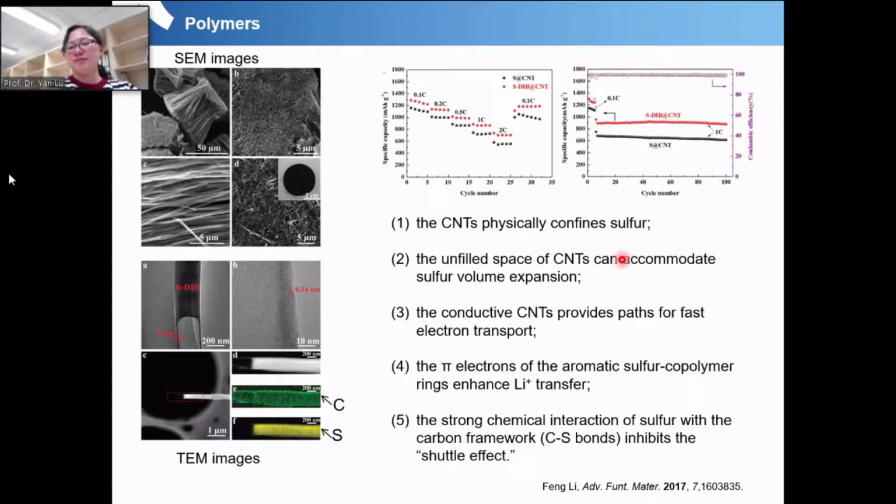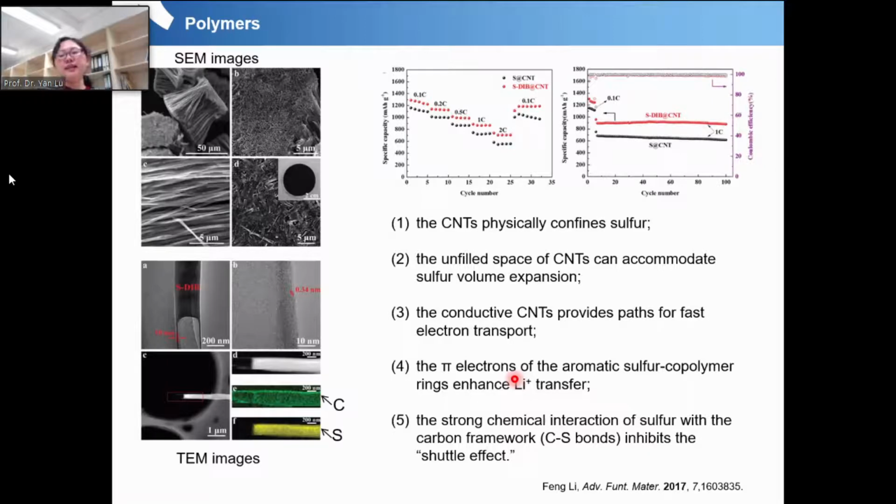And for this carbon nanotube, you can give additional space for the volume expansion during the discharge process. And of course, as I mentioned, this conductive carbon tube can always give a very good path for fast electron transport. And for the polymer system, because we have this pi-electron structure of the polymer, this will also enhance the lithium ion transfer.